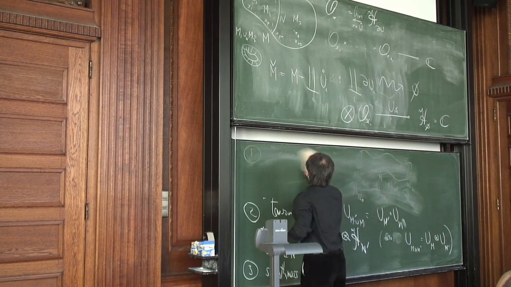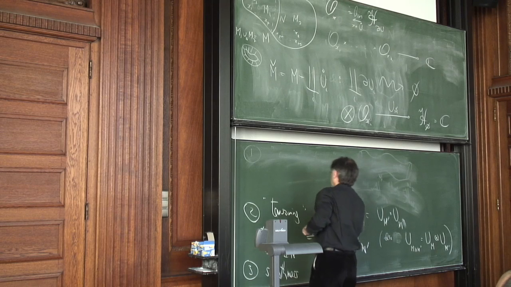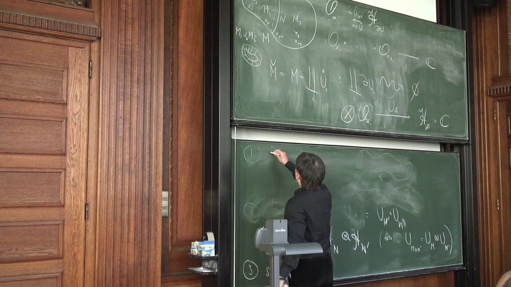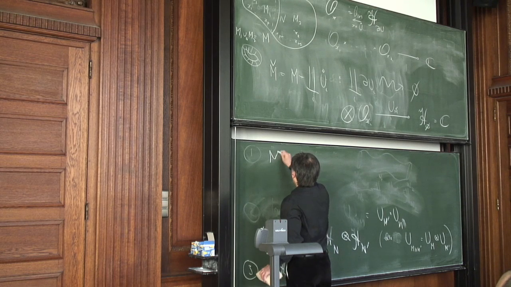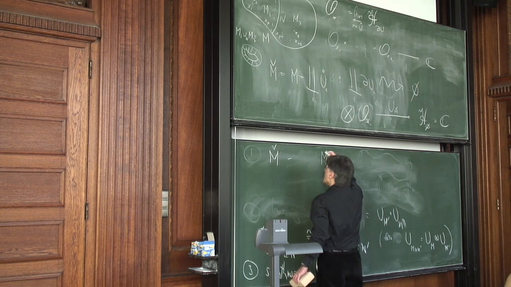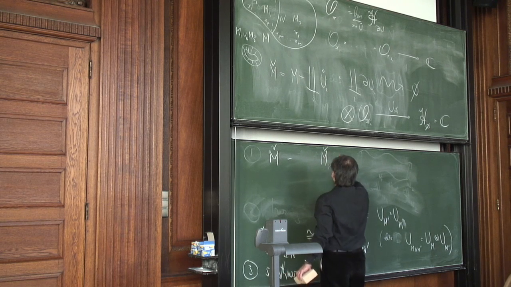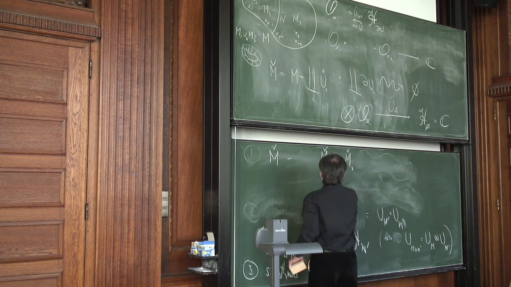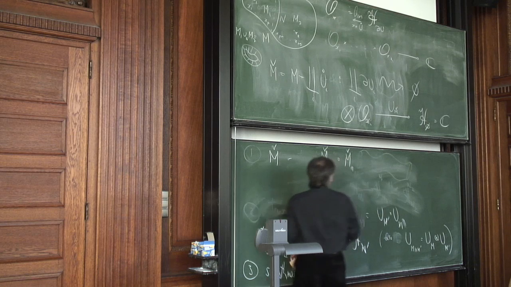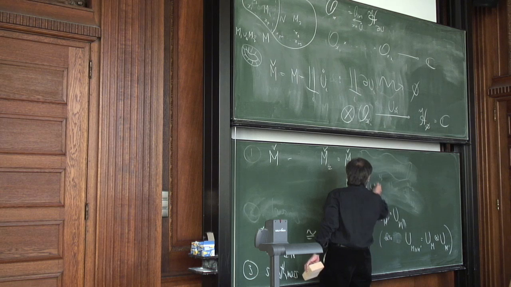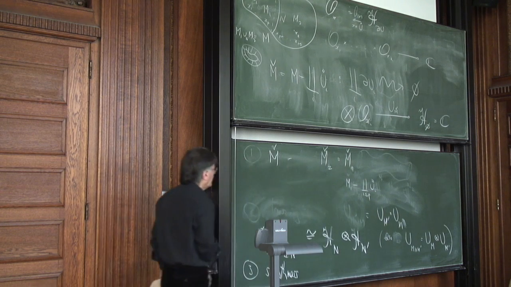we know that we can write this cobordism as the composite of two cobordisms, where this is M1 minus the union, and M2 is the other side.